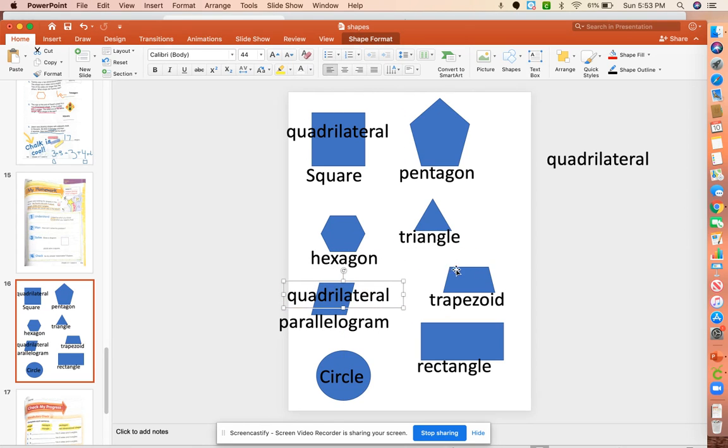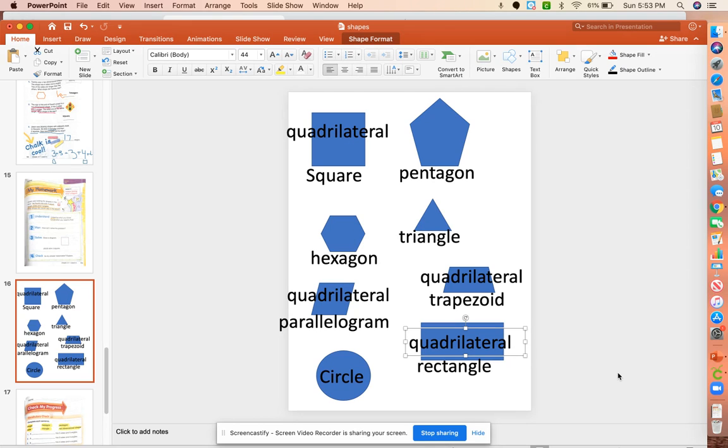The trapezoid has 4 sides, so that could also be a quadrilateral. How about the circle? No, it doesn't have any sides, so that doesn't work out for the circle. But the rectangle can be a quadrilateral.